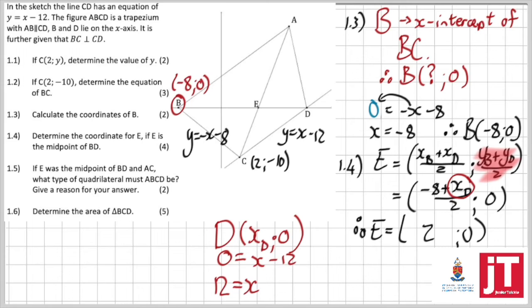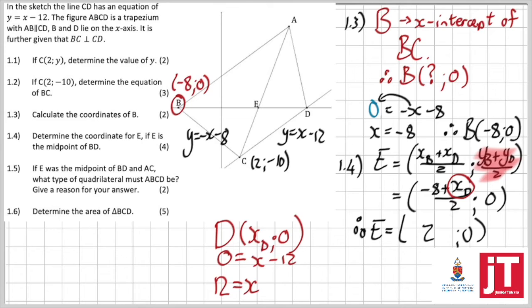I needed the x value of D, so I again got the x-intercept of the line CD. That I then substituted into the midpoint formula to give me E's coordinates. Wow, this is beautiful. It looks so simple, but sure, it is beautiful.